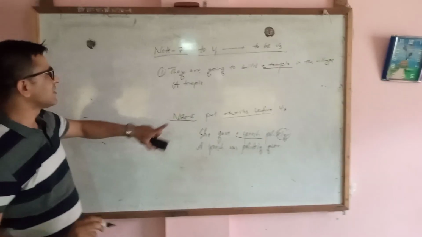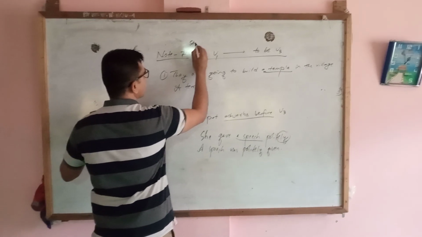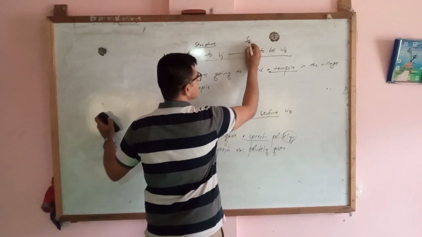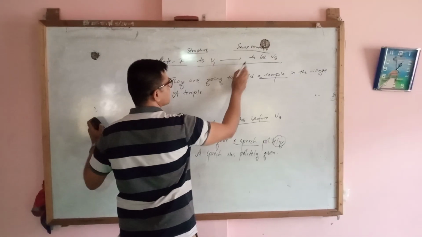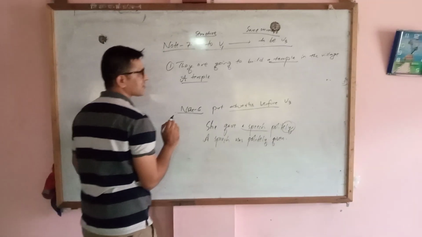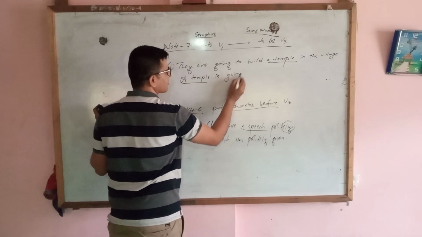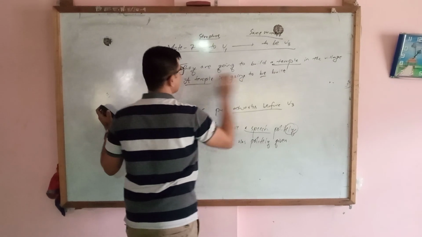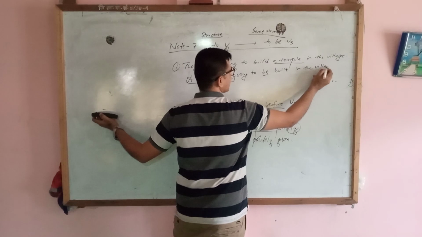So what can we write? 2B1, 2BB3, but before 2B1 we can use structure. Structure is not allowed to be changed. Same structure, 2BB3. Our temple is going to be built. Built by them is not necessary. What is the remaining thing? In the village. This is the way.